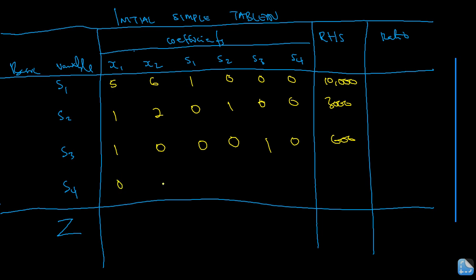So we have the 0 here, we have 1, 0, 0, 0, 1. Okay, I just want to write them in a straight line with our S1 here. Okay, like that.